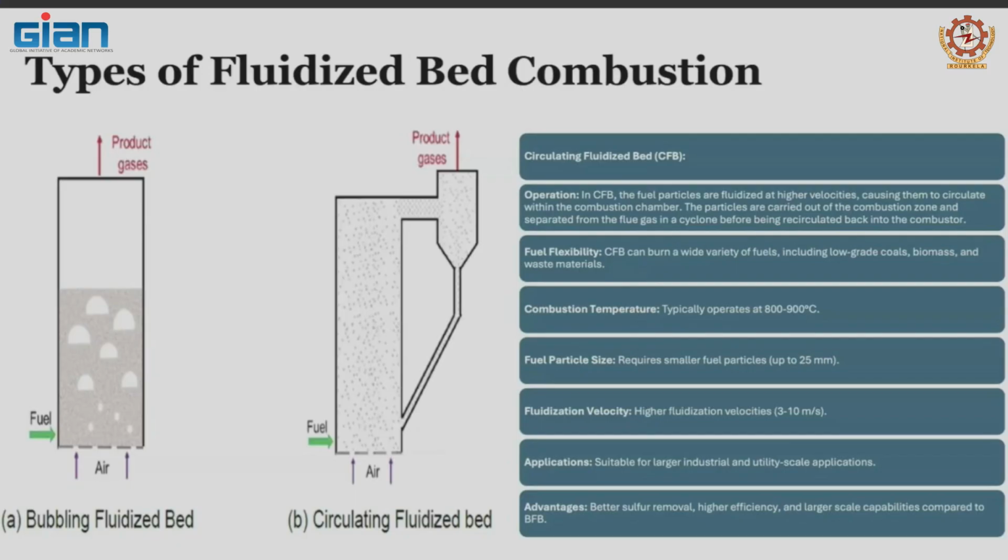But given the nature of this configuration, you can burn much larger amounts of fuel in a continuous fashion. It's a lot easier for ash removal and other things, especially, and I'm going to touch on sorbent utilization.